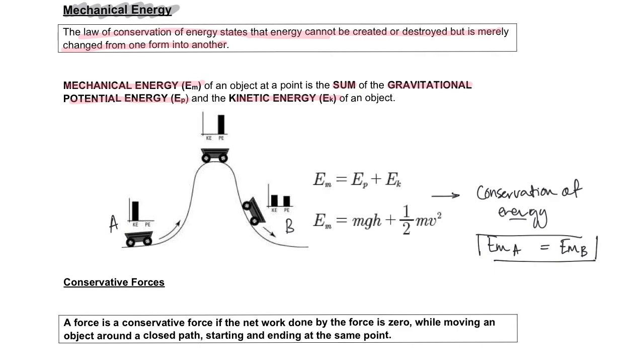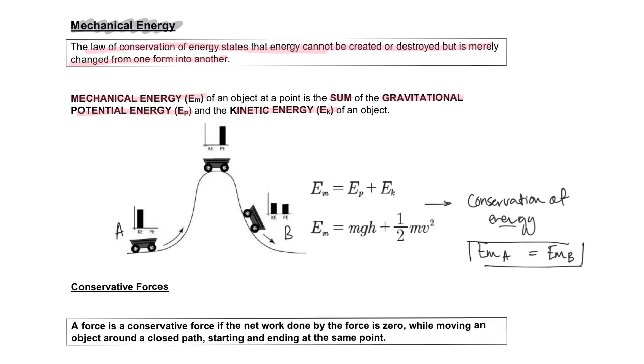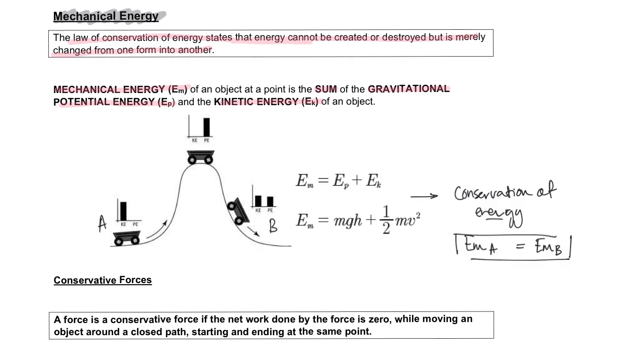There are two types of forces that exist. You'll add notes to your worksheets. I have something called conservative. Conservative forces lead to conservation, and when I have conservative forces, then my mechanical energy remains constant.